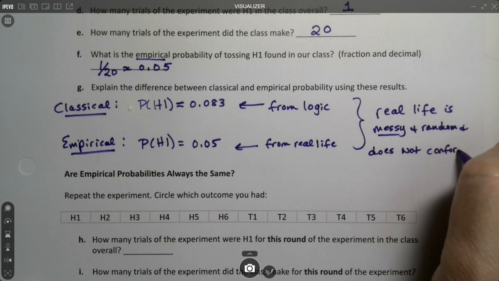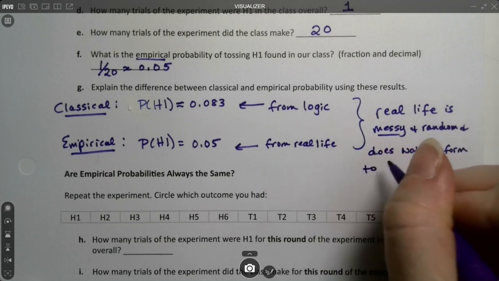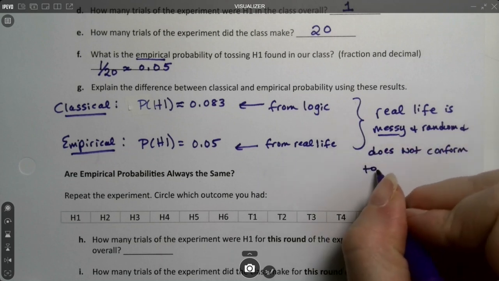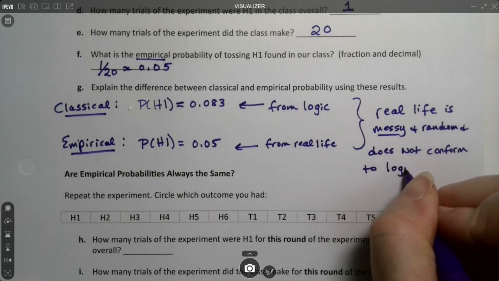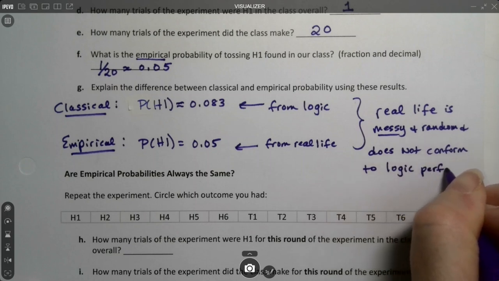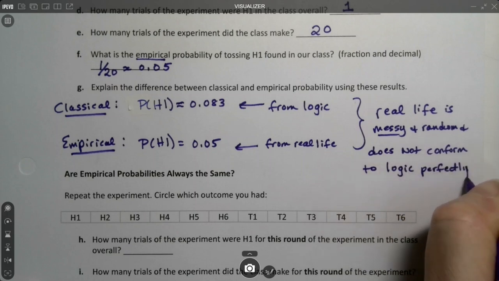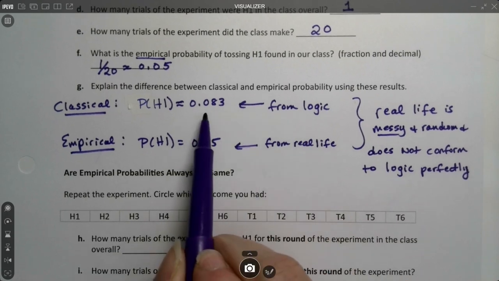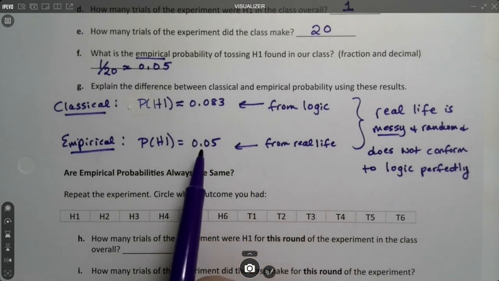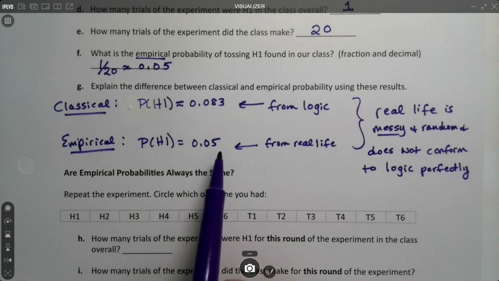It will conform to logic in the long run. That's kind of where I'm going with this. It does not conform to logic perfectly. So this is what it should be, but this is what it actually was. And that's because real life is messy.